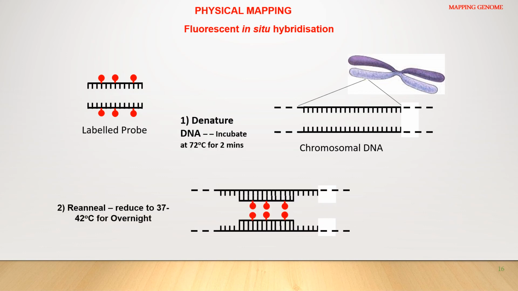This is followed by the annealing step, where the temperature is reduced to 42 degrees centigrade. This allows the probes to bind to the complementary sequences present in the chromosomal DNA.